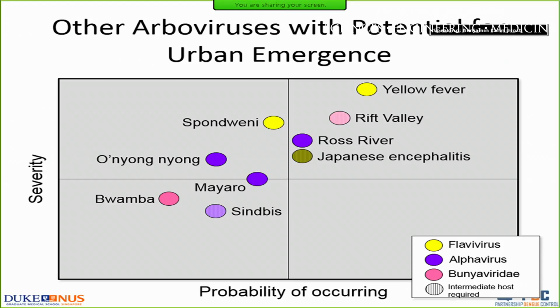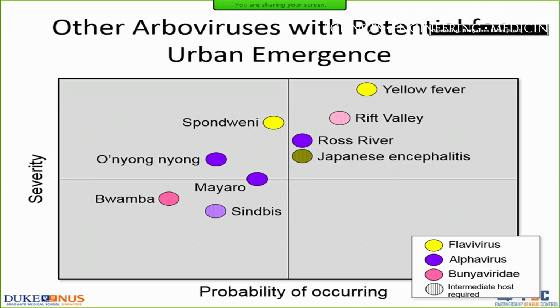O'nyong-nyong is a close relative of chikungunya found in Africa, producing essentially the same disease as Mayaro, Ross River, and chikungunya, but it's Anopheles-borne. This is Zika's relative, one of the closest relatives of Zika virus. We know very little about this virus at all, other than it's been associated with human disease.